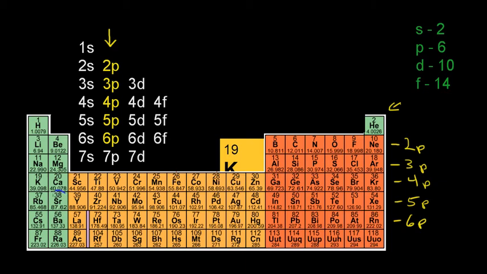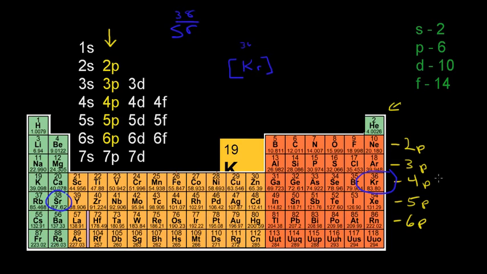So as an example, if I was looking for strontium, Sr, 38, again the rule is to find the closest one with fewer electrons. That's going to be krypton, Kr, and krypton has 36, and so we just need 2 more.